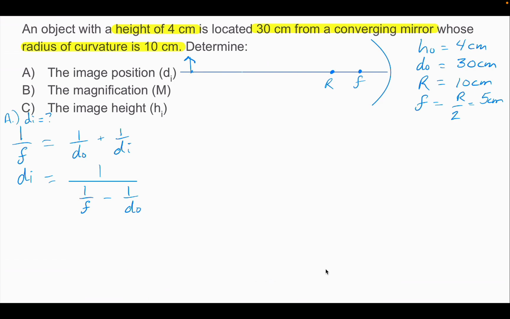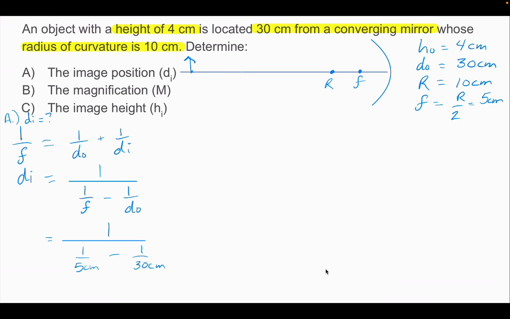And now I can input my values. By doing that, I end up with 1 over 5 centimeters minus 1 over 30 centimeters.